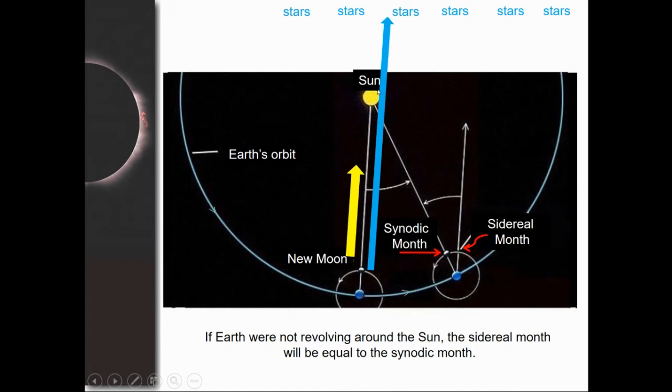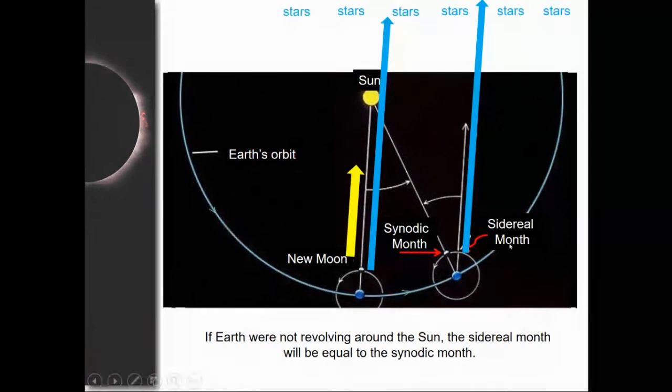And I want you to look at the blue arrow here. This is where it's going to complete one full orbit. So this is the location which we call the sidereal month, which is 27.32 days.